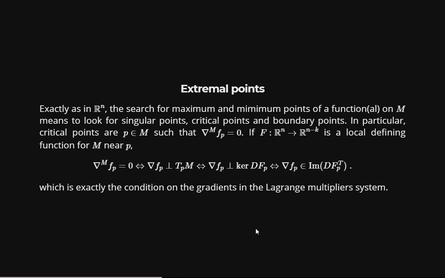So think about it. We had the projection on the tangent space. Now we're saying, what does it mean that the gradient is zero? That the projection is zero, so the original gradient is orthogonal.